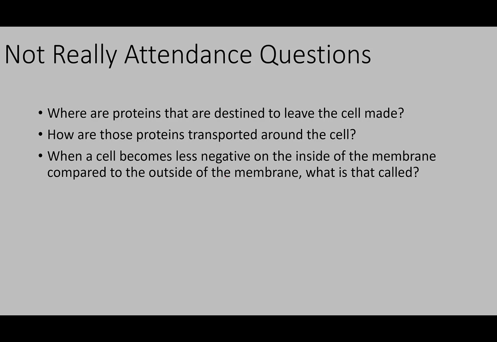Third, when a cell becomes less negative on the inside of the membrane compared to the outside of the membrane, what's that called? We talked about this a little bit in chapter 3 and previously in this chapter. That is called depolarization. So cells are polarized, their membranes are polarized, because cells on the inside are negative compared to the outside when we measure voltage across that membrane.